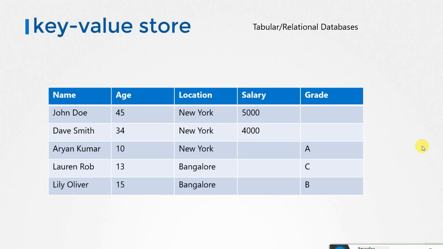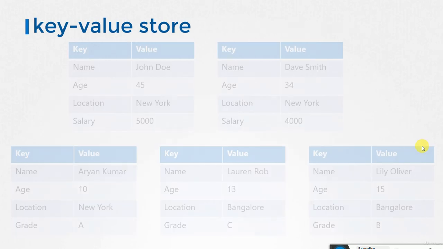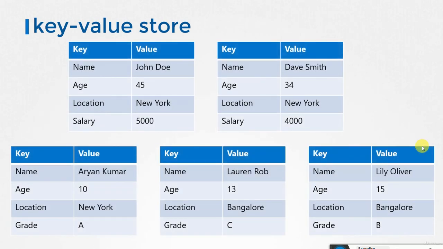A key value store stores information in the form of documents or pages, so each individual gets a document and all information about that individual is stored within that file. These files can be in any format or structure, and changes to one file do not affect the others.